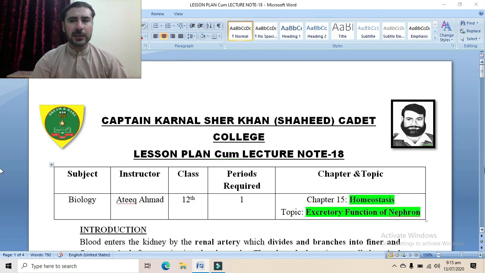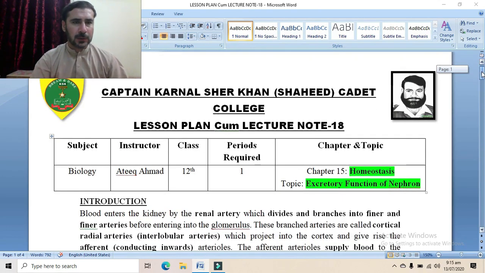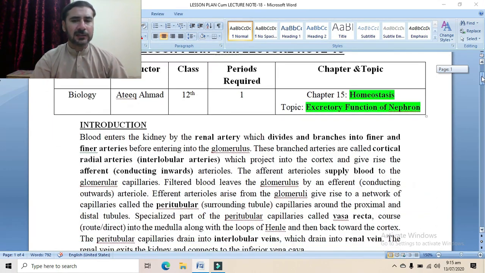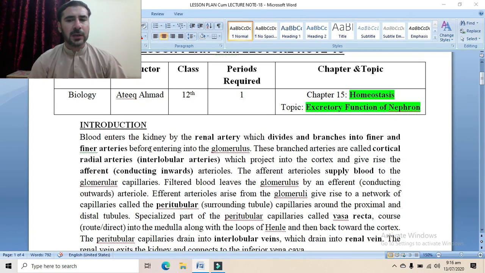So the blood is supplied to the kidney through the renal artery. The renal artery divides and redivides and forms fine branches, and ultimately finer arteries, which are known as cortical radial arteries or interlobular arteries.